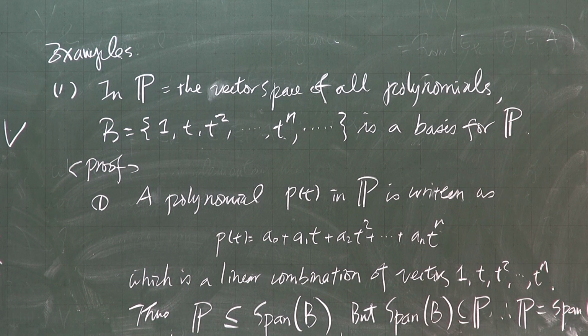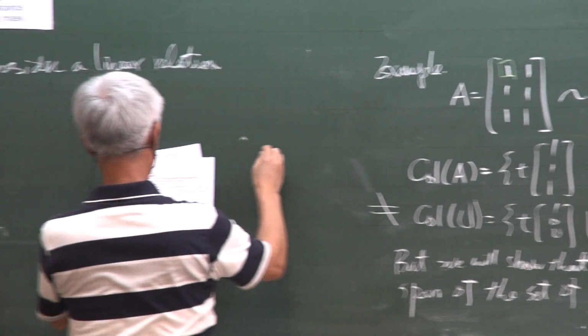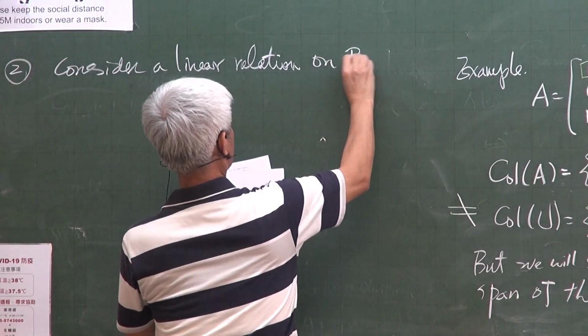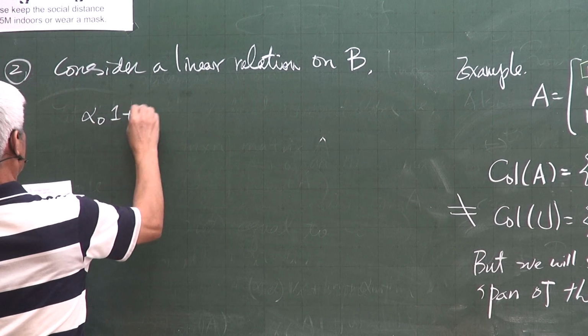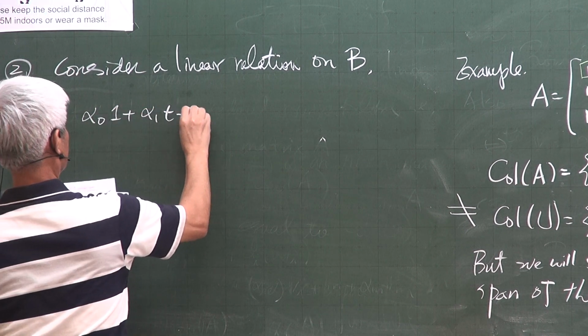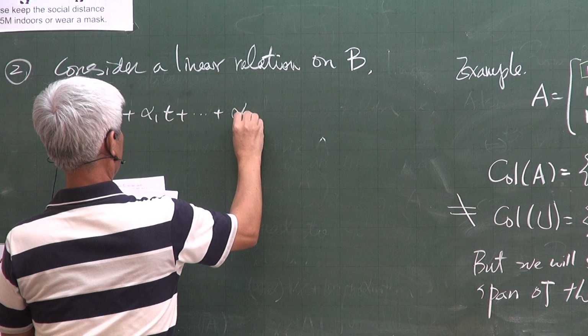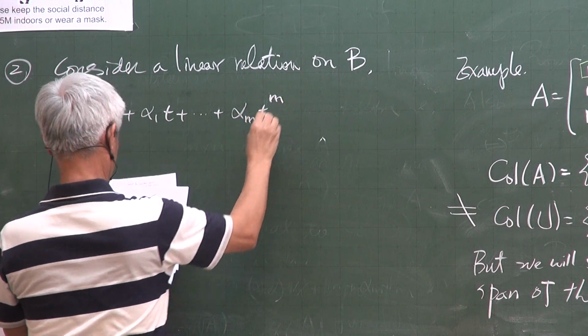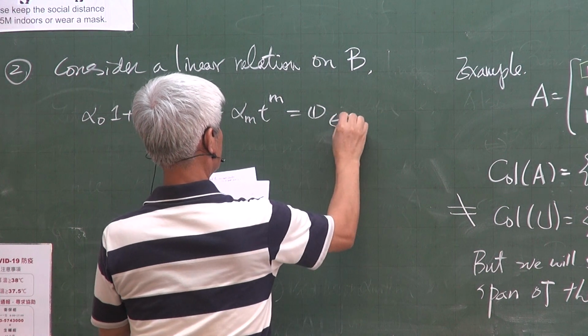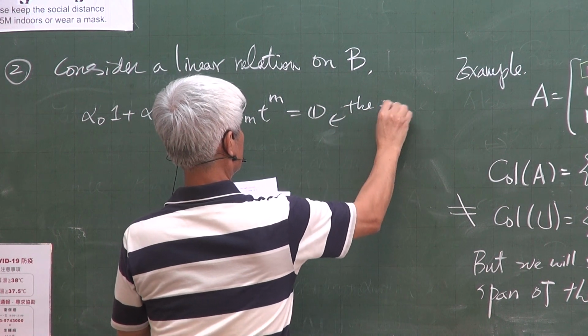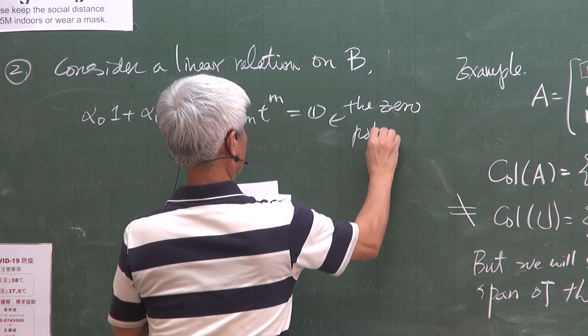Now we consider a linear relation on B: alpha 0 times 1 plus alpha 1 p plus ... plus alpha m pᵐ equal to the 0 vector, which is the 0 polynomial.